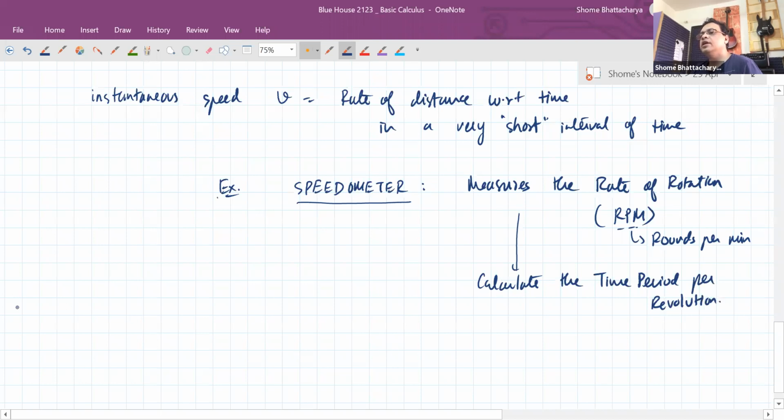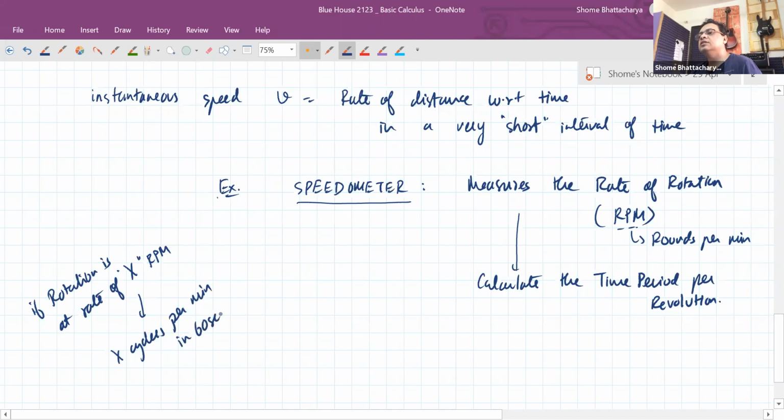For example, if a wheel is rotating at the rate of X RPM, rounds per minute, that means it's making X cycles per minute, or in 60 seconds. Therefore, what will be the time period per cycle? It will be 60 divided by X.